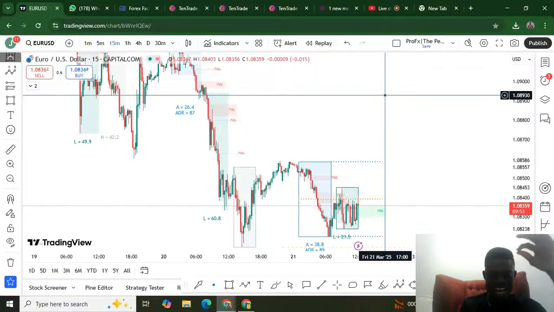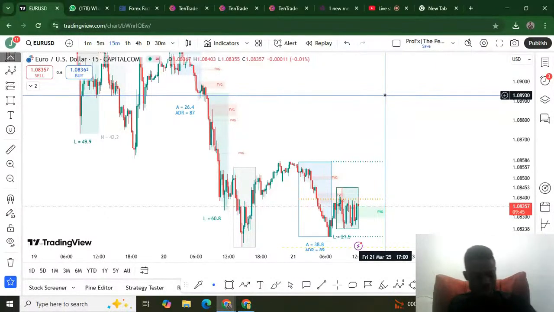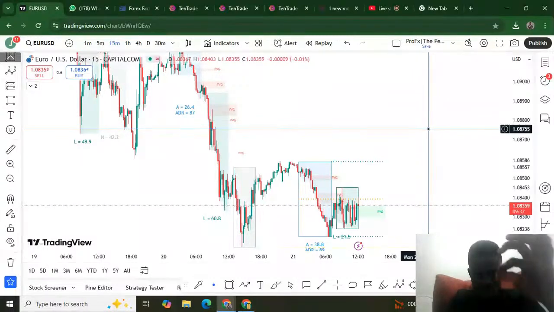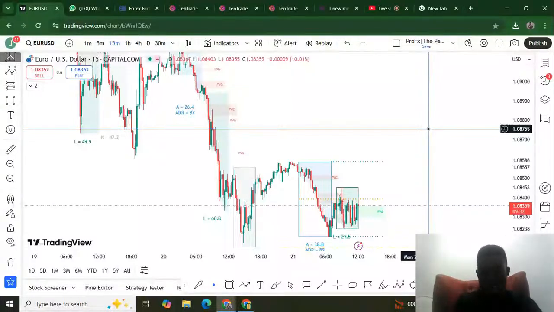If it closes bearish, we mark the previous day's low and close. Secondly, I will show you how to use this for your bias confirmation: after knowing what the previous day has done, how do you confirm the bias for the current day?